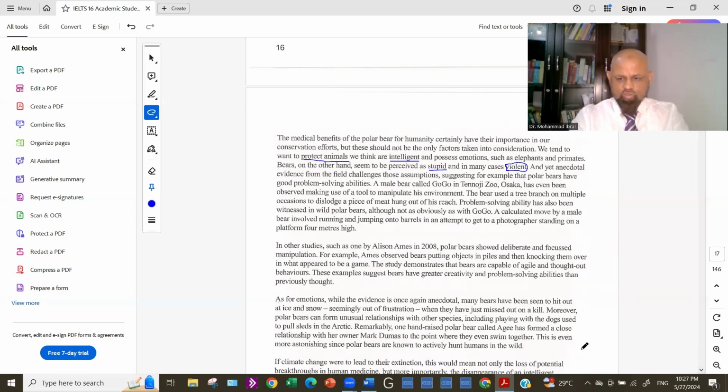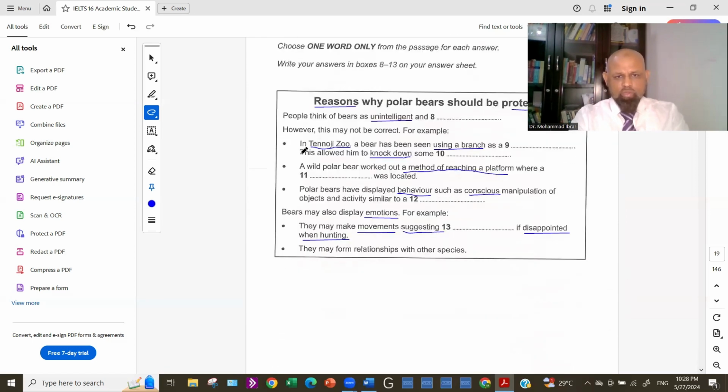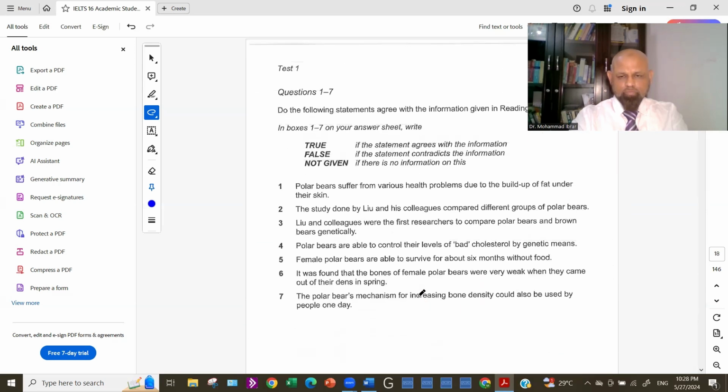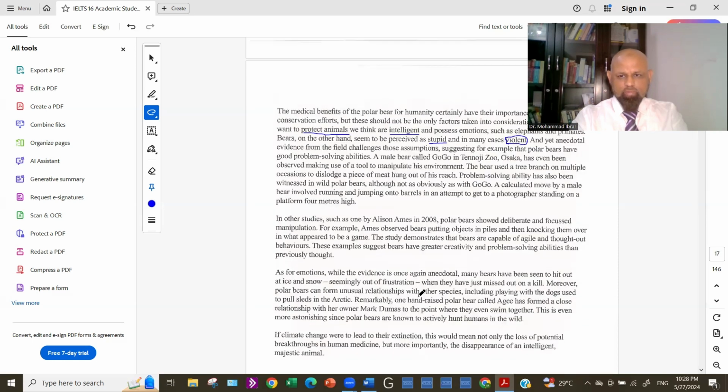Now let's go to the next. Okay. Now in Tennoji Zoo, the bear uses some kind of branch. Okay. So let's go back. Knock down some. Okay, so we found the first one here. The second one would be next.